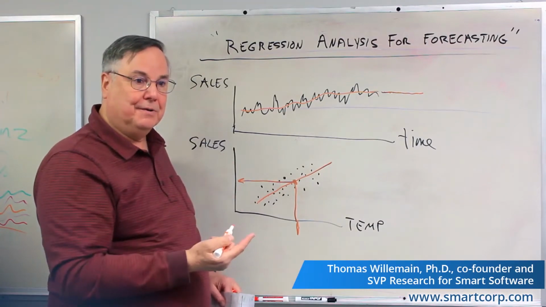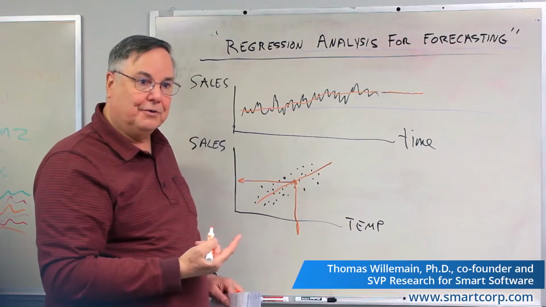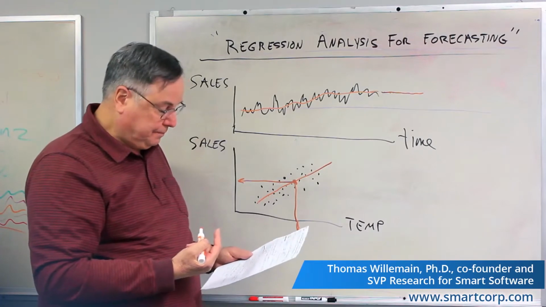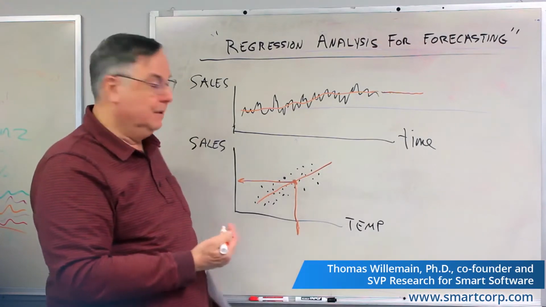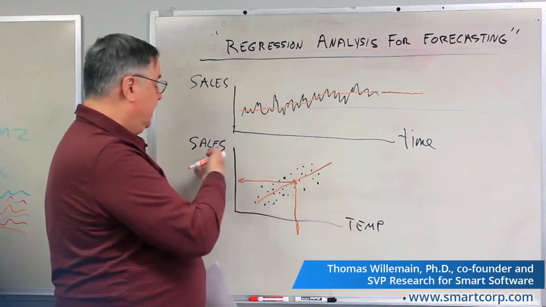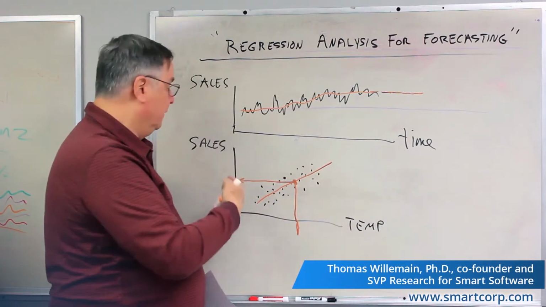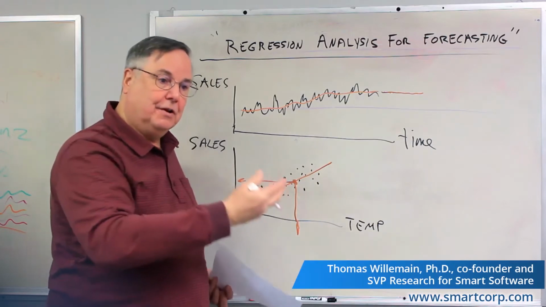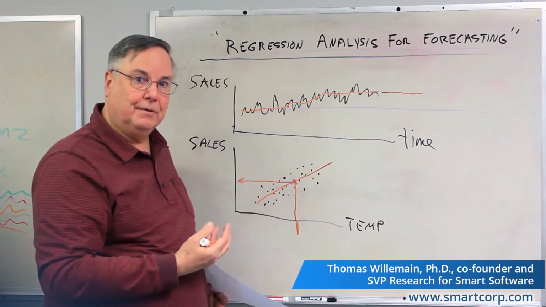That's autoregression. The second of the three alternative ways to use regression is called a causal model. In this case, for instance, we believe that the temperature changes have a direct influence on the sales. They cause changes in the sales.